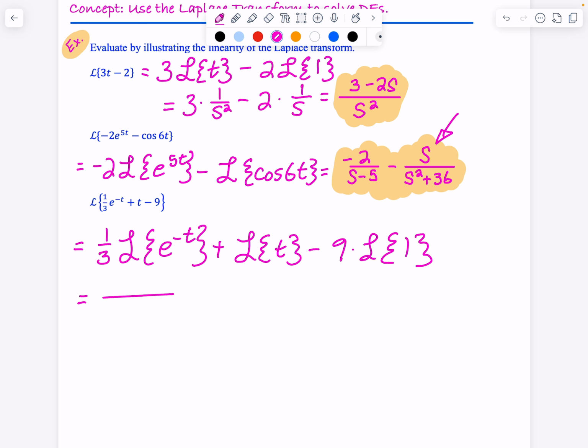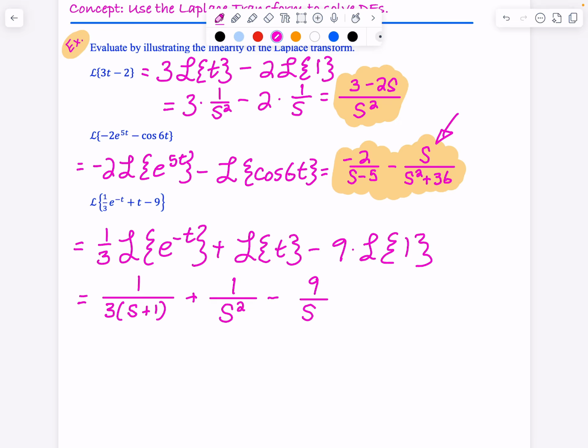How I deal with the 3 down there is we do 1 over 3 like that, and then remember, e to the kt is s minus what's there, so this is a plus, just the opposite. Laplace of t is 1 over s squared, and then the last thing is 9 over s.